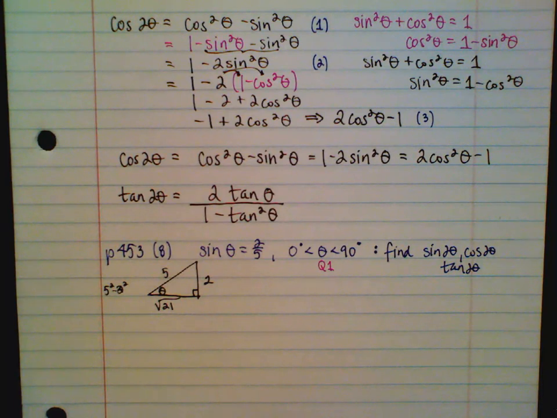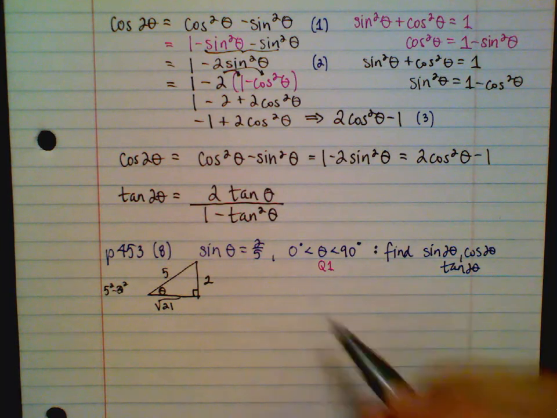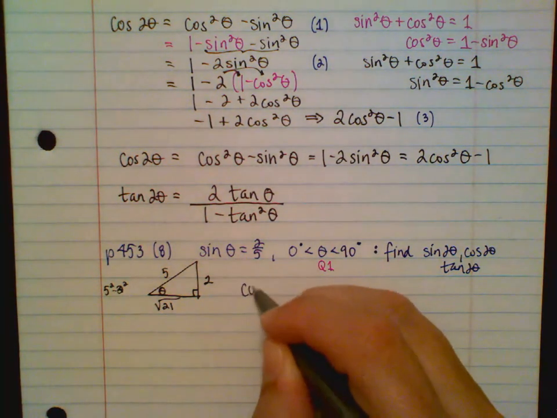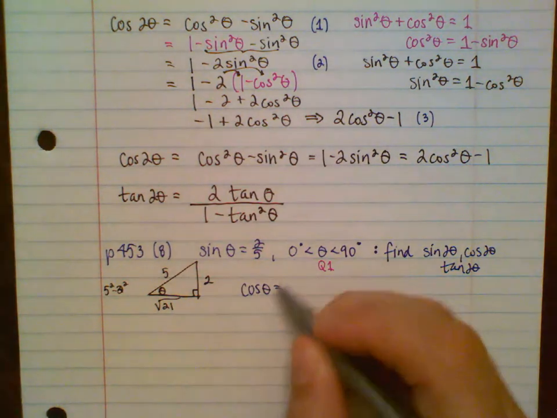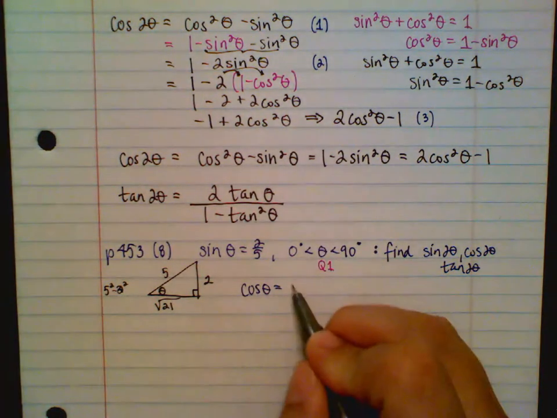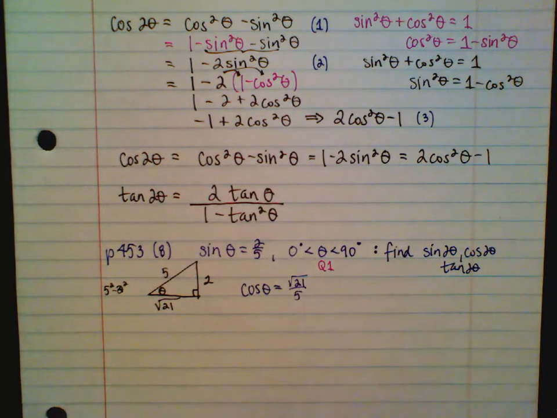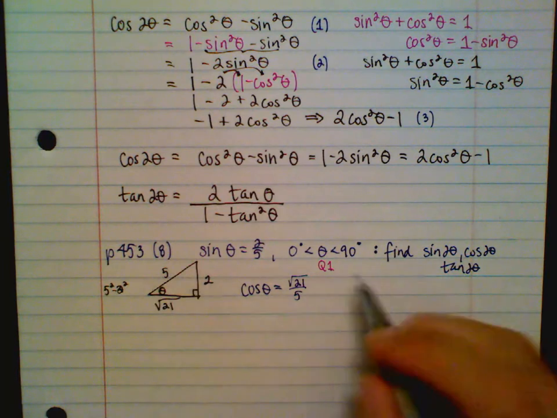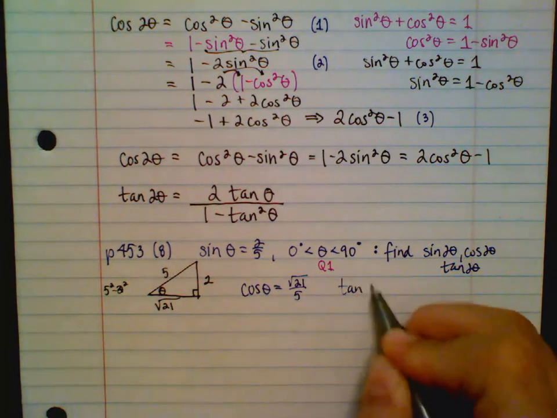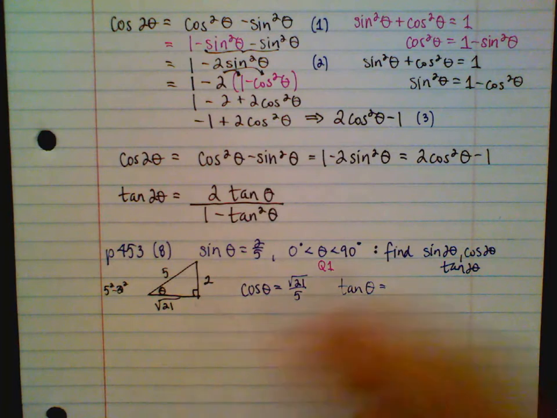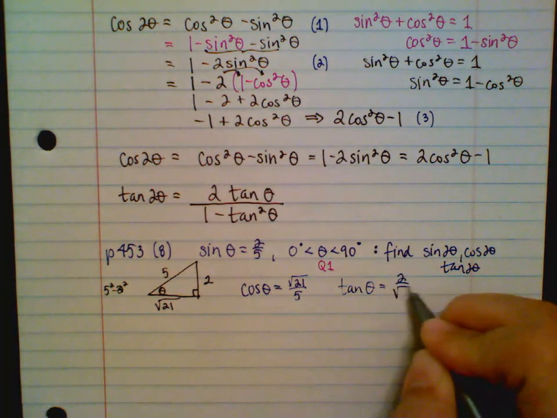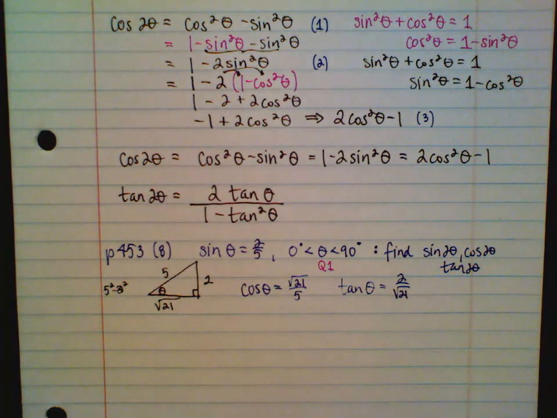Okay? So now that I know that, I know that the cosine of theta equals the adjacent divided by the hypotenuse. And I'm tripping. I don't need sine and cosine to find tangent. I've got all the information I need here to find the tangent. So the tangent of theta equals opposite over adjacent.